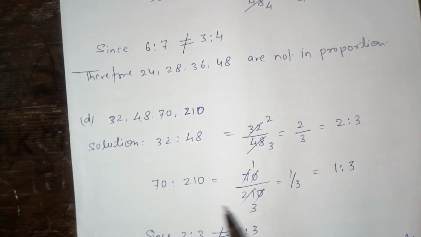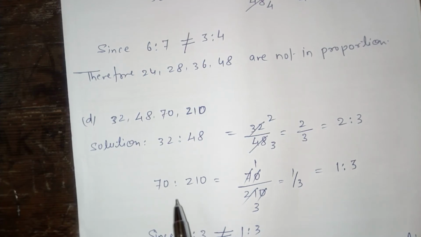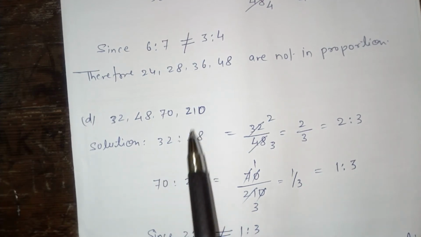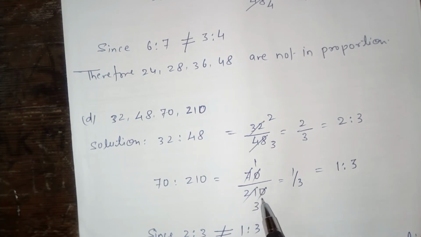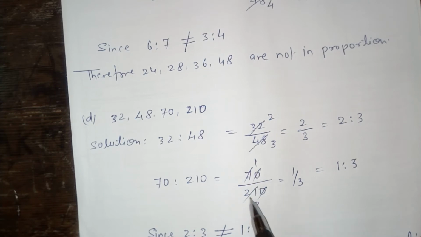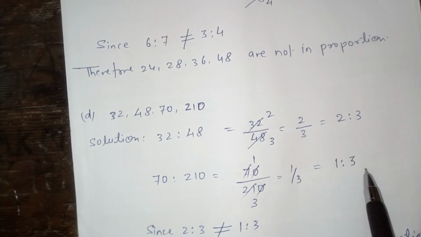And now we will find out the ratio of 70 and 210, that is third and fourth number. 70:210 is equal to 70 upon 210. 0 cancel by 0, 7 1 is 7, 7 3 is 21. It will give to you 1 upon 3 is equal to 1:3.